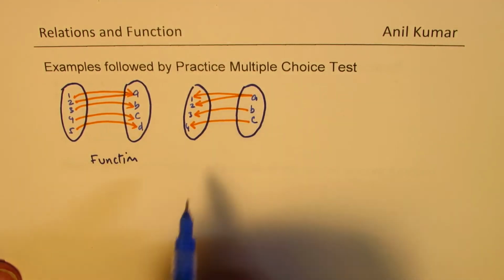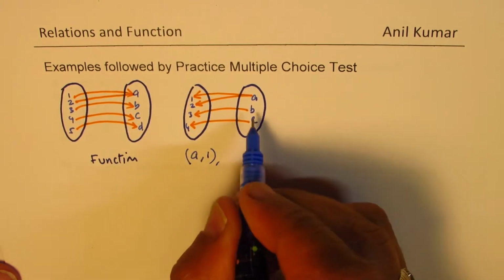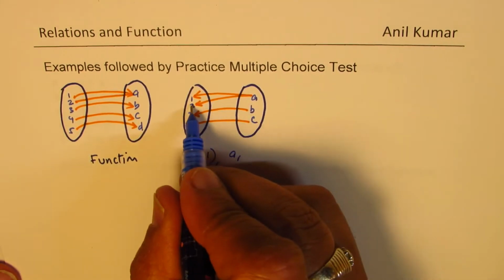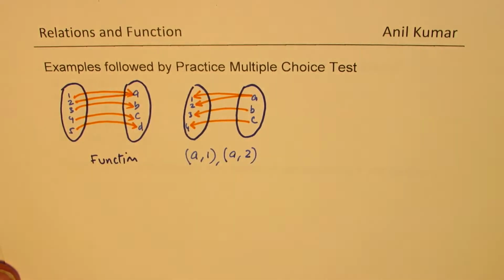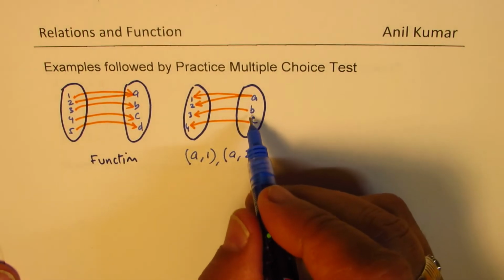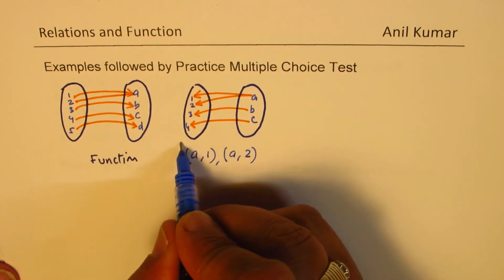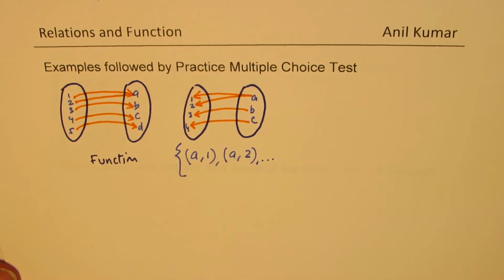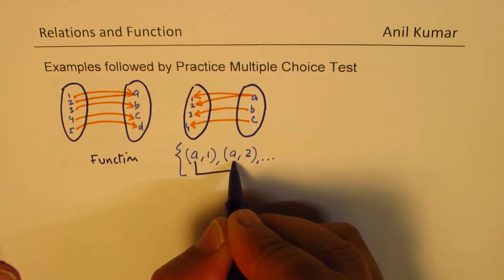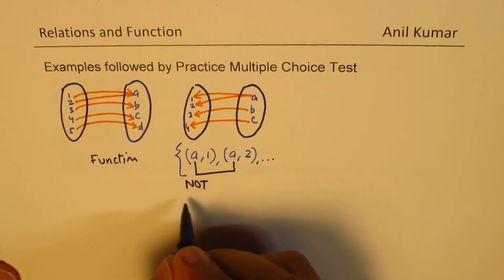Now in this case, A and 1 is one set, and we also have A and 2 as the other set. Since the arrow is pointing in this direction, in this case the domain or the independent variable is on your right. So this set contains these two input-output combinations where the value of A has two outputs, 1 and 2, and therefore it is not a function.